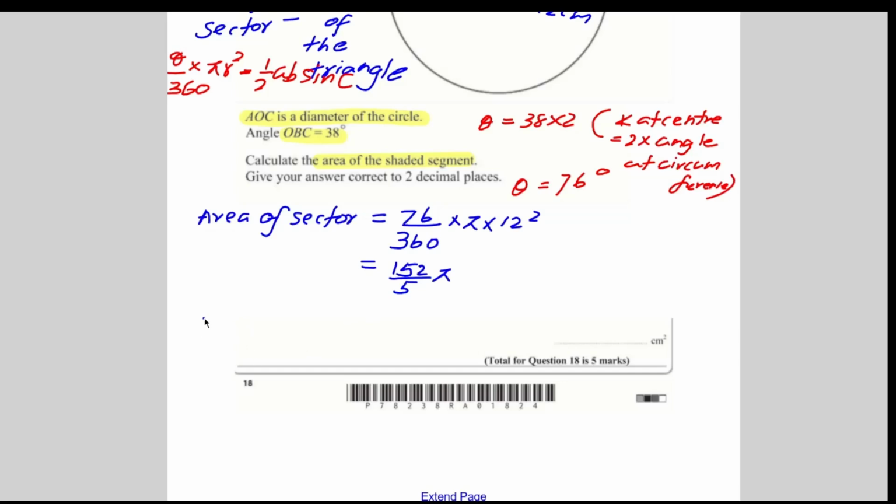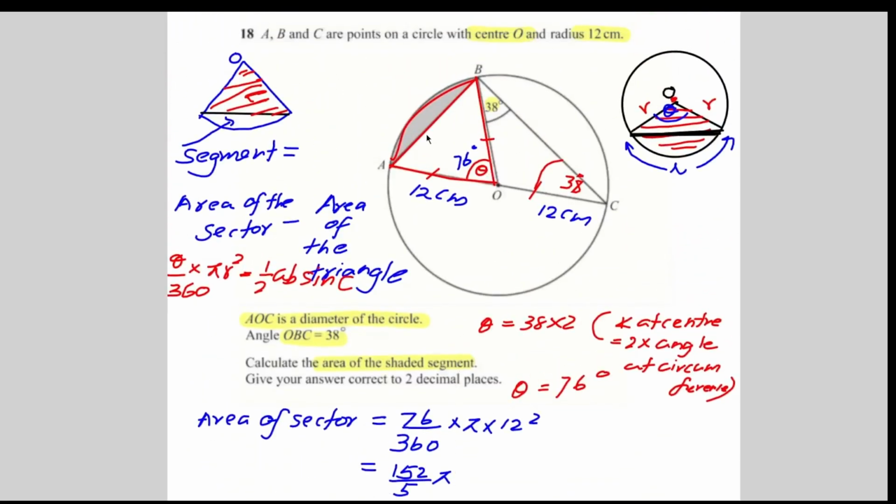Now let's get the area of the triangle. Area of the triangle is half ab sine C. This is 12, this is 12, and this angle is 76.